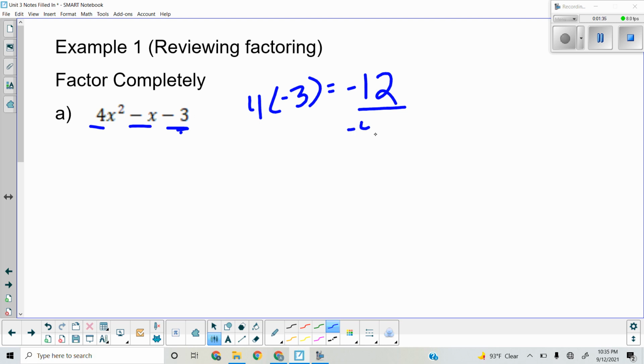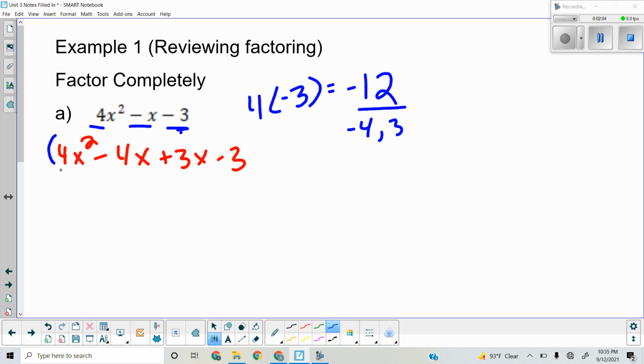So negative 4 and positive 3 multiply to make negative 12 and add to make negative 1. So those are our factors. So we have 4x squared minus 4x plus 3x minus 3.